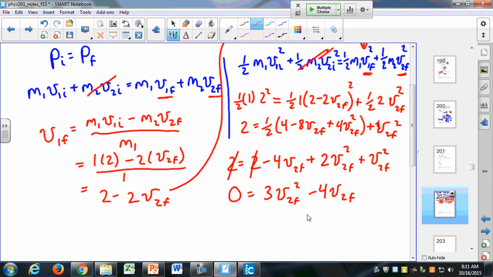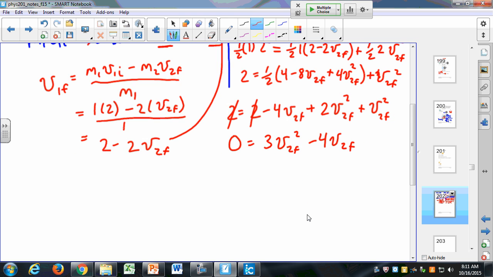All right, how many solutions are there to this equation? There are 2, right? Y'all know how to solve this? What's my next step? What's one of the solutions to this equation? 0, right? So if I have V2F equals 0, then that is a solution. I also have another. I can find that by factoring out V2F.